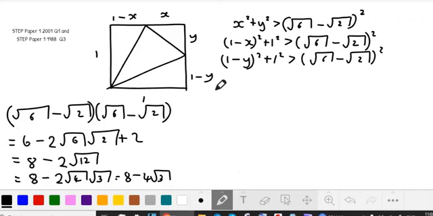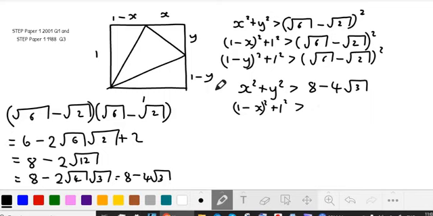So, recomposing our sums, we have x squared plus y squared is greater than 8 minus 4 root 3. We have 1 minus x all squared plus 1 squared is greater than 8 minus 4 root 3.